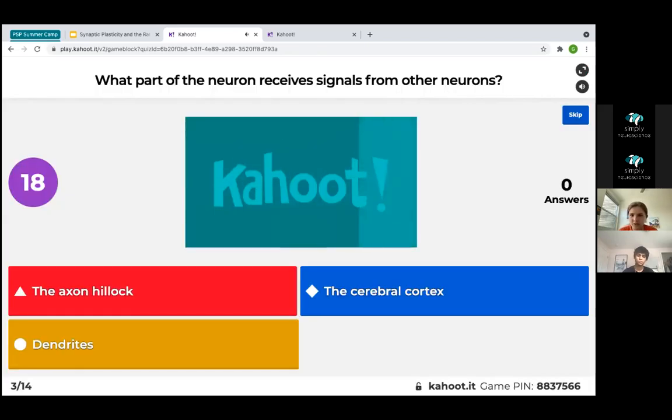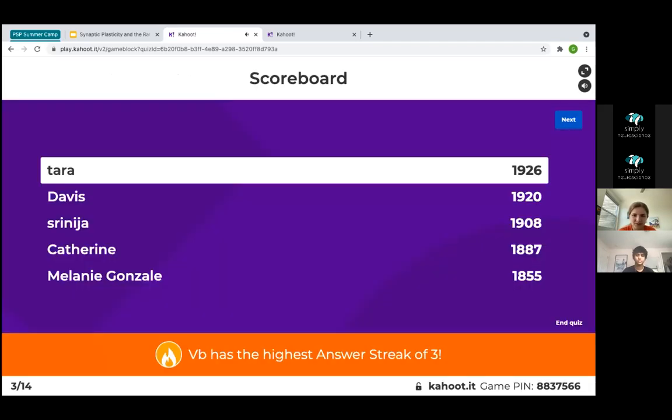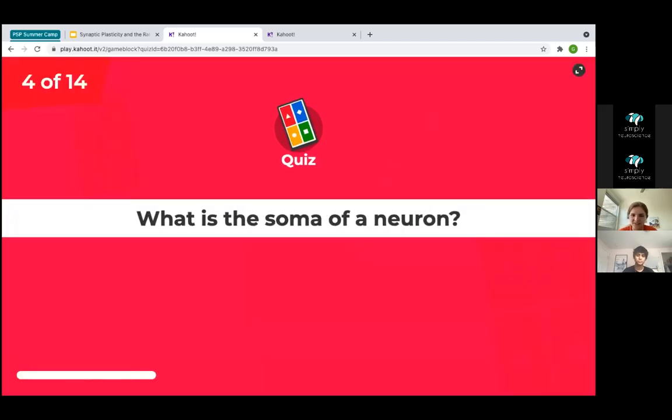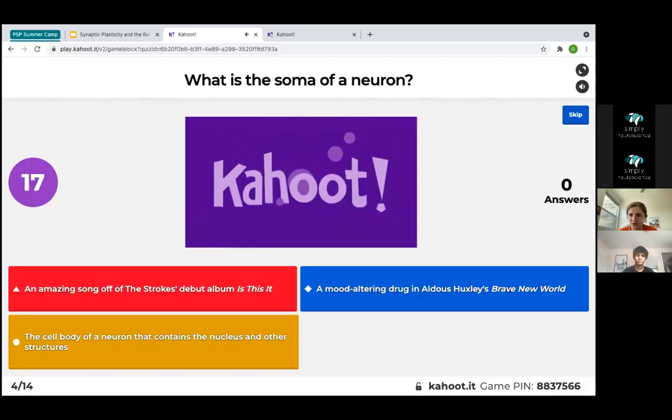Which part of the neuron receives signals from other neurons? This was mostly covered in the video, but it was also on some of the slides. Yes, dendrites. Awesome. Great job, everyone. Very nice. All right, what is the soma?